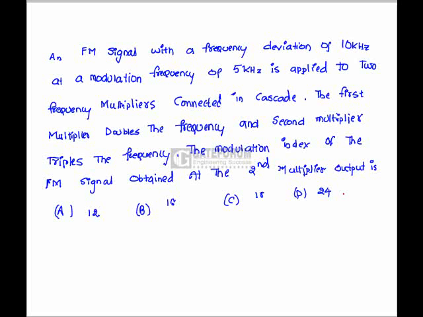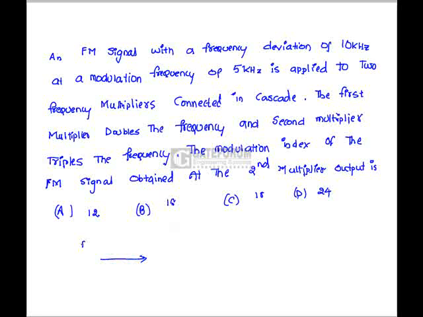An FM signal with a frequency deviation of 10 kHz at a modulation frequency of 5 kHz is applied to two frequency multipliers connected in cascade. That means the first multiplier doubles the frequency and the second multiplier triples the frequency. The modulation index of the FM signal obtained at the second multiplier output is.